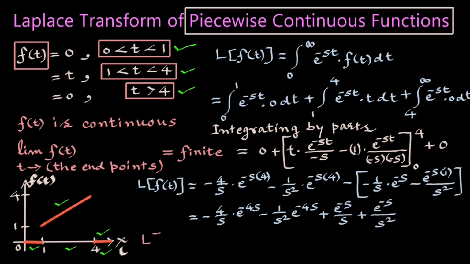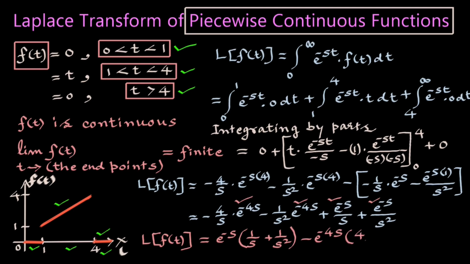So Laplace transform of f(t) will be this e raised to minus s into 1 upon s plus 1 upon s square minus this e raised to minus 4s into 4 upon s minus 1 upon s square. So this is how Laplace transform of piecewise continuous functions are found out.